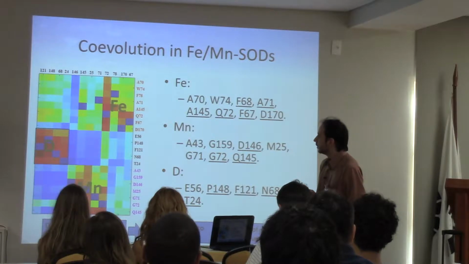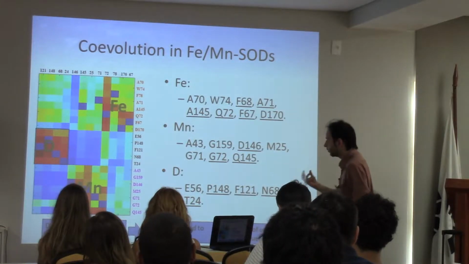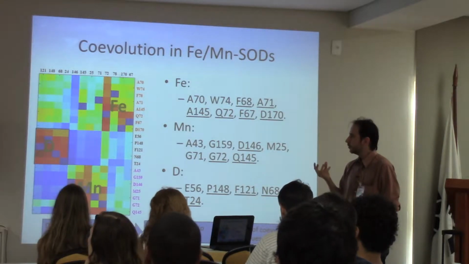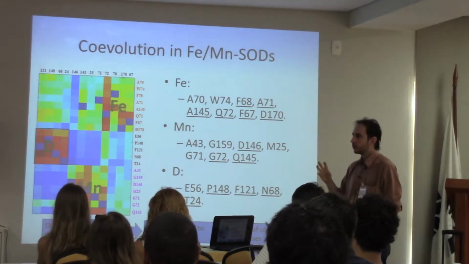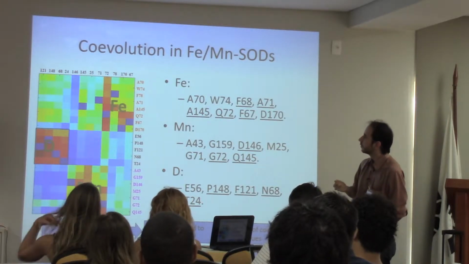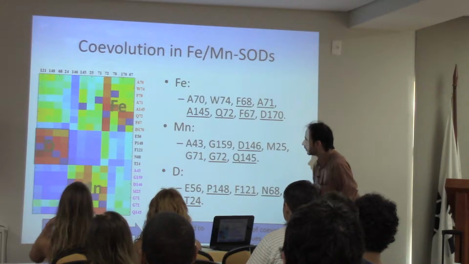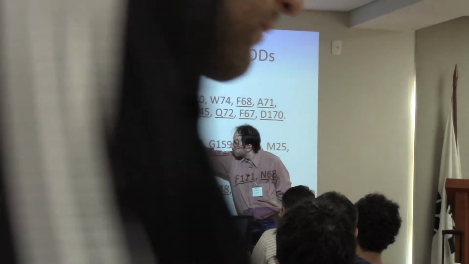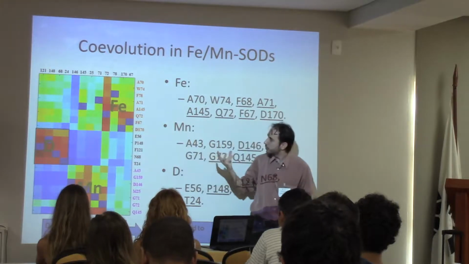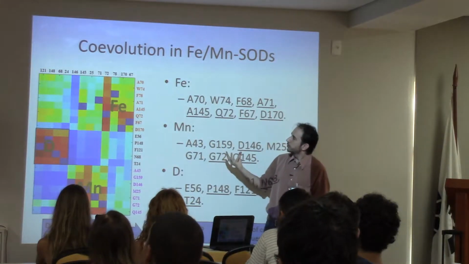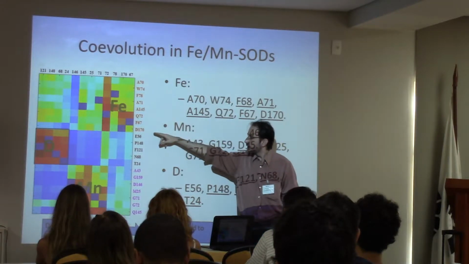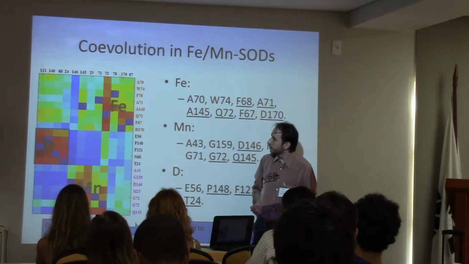What you see in that heat map is how much the distribution of residues in a given position changes when you look at what is in a specific position, which is different from that one. So for example, if you look here at aspartate 170 and position 72, it's quite reddish, which means that there's a given residue distribution in position 72, and this changes a lot for the sequences which have an aspartate in position 170.